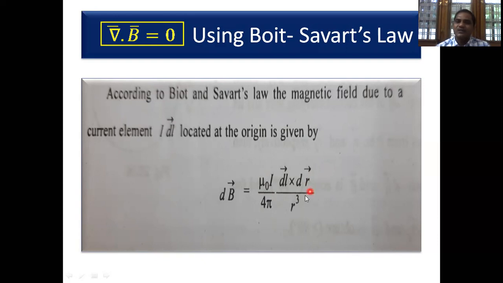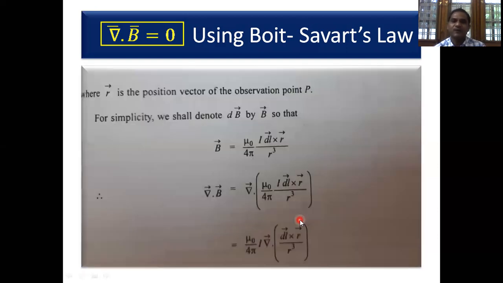Okay. So magnetic induction due to the small current element I dl is db bar equal to mu naught I by 4 pi into dl bar cross r bar by r cubed.